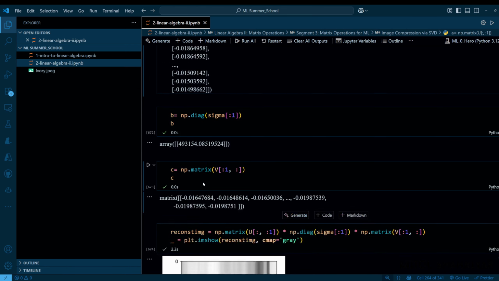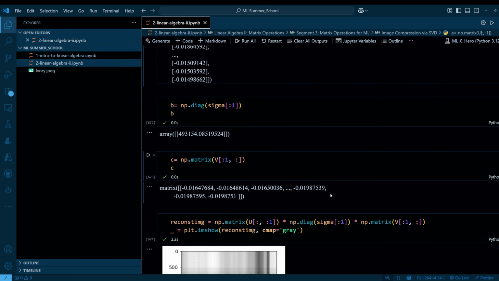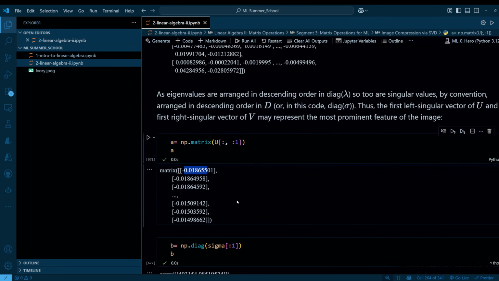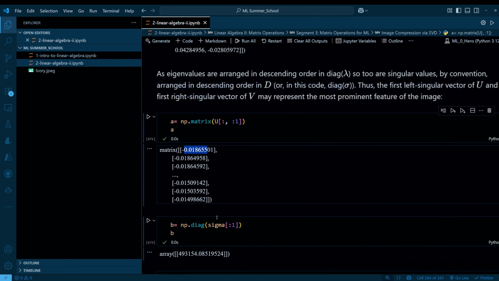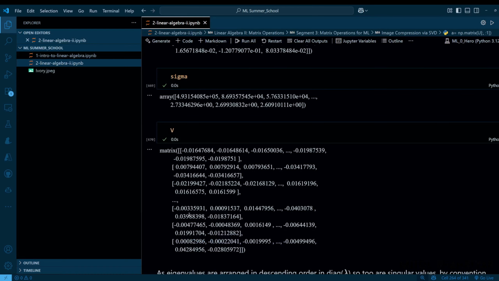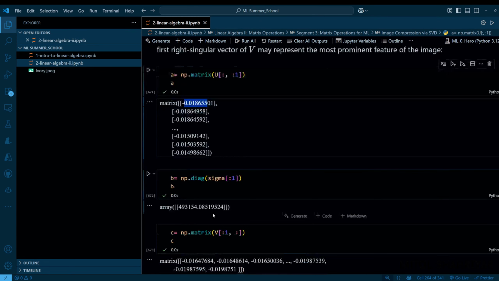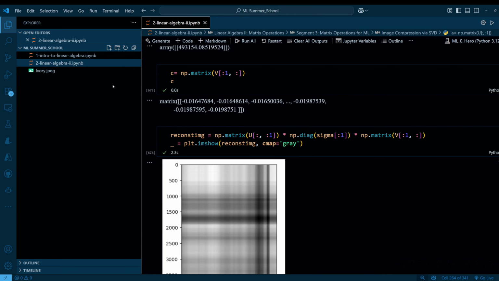Now you might be confused: why is this something like a row, or some sort of vector, and why is this something like a column? Because, again, I mentioned the transpose matrix, and this is not like that, it's the v. Just focus on that.